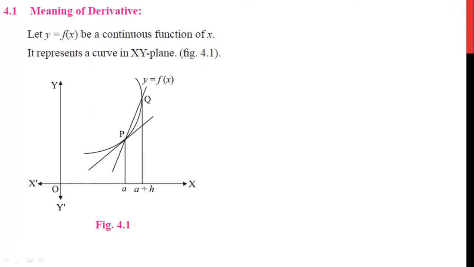Here it is shown on the x axis that the coordinate of point P is a, and the x coordinate of point Q is a plus h. So see this figure carefully. Now we will discuss the meaning of the derivative.